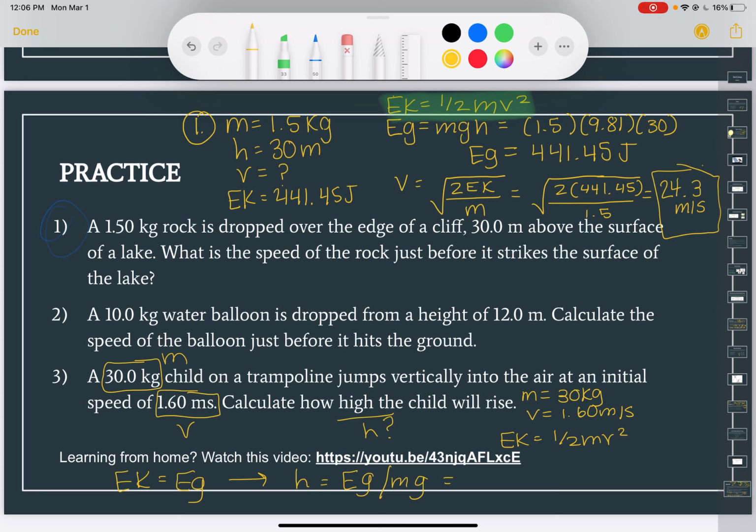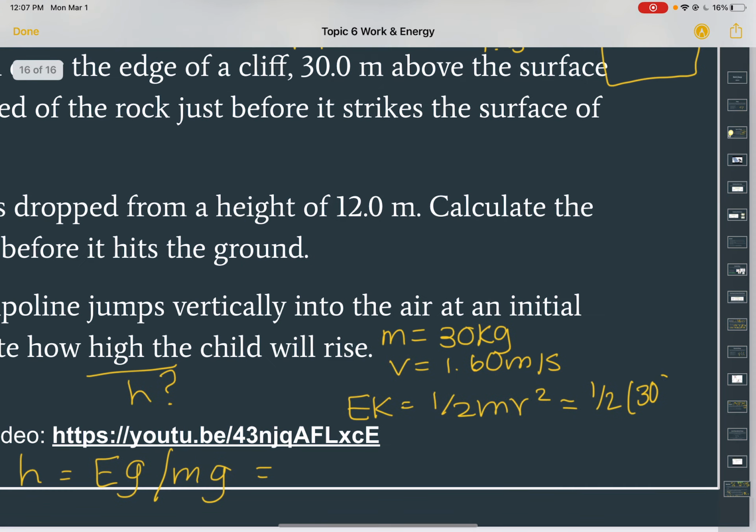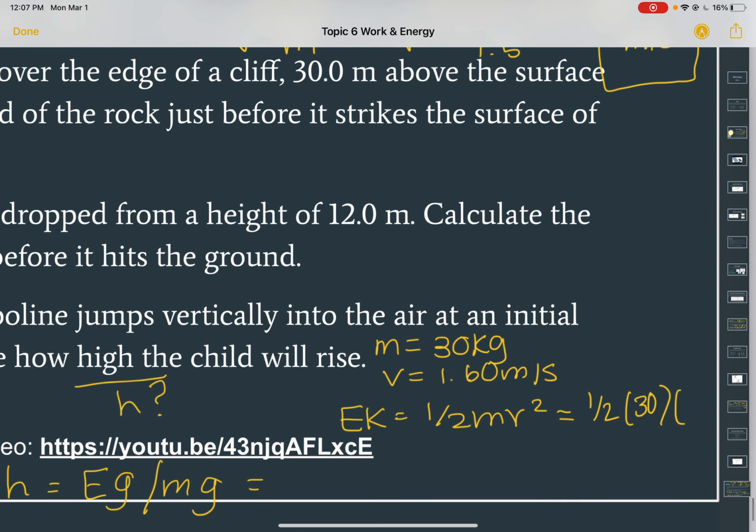So I'm just going to plug this in over here. Sorry, I've got 1/2 mv squared. Our m is 30. And our velocity is 1.6. That's squared.